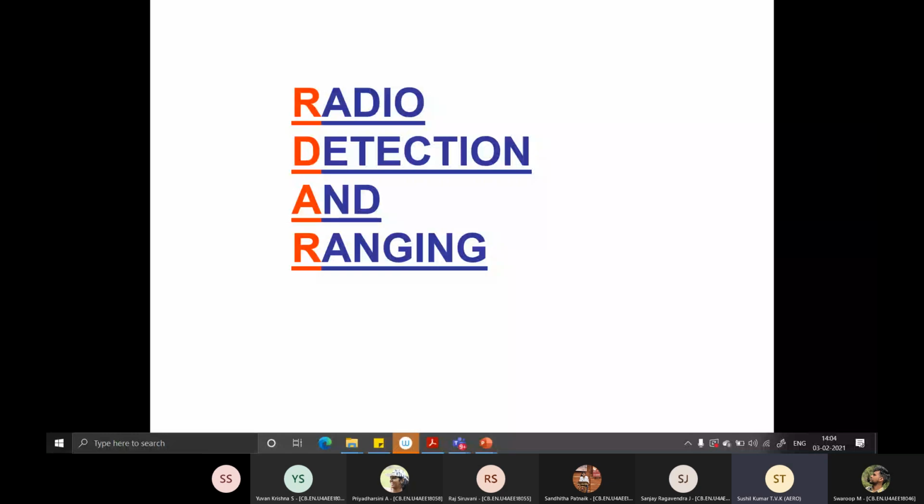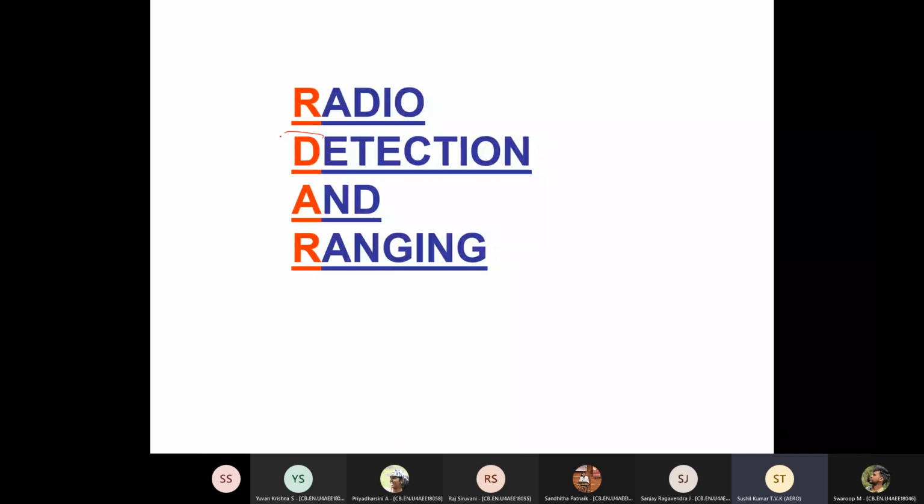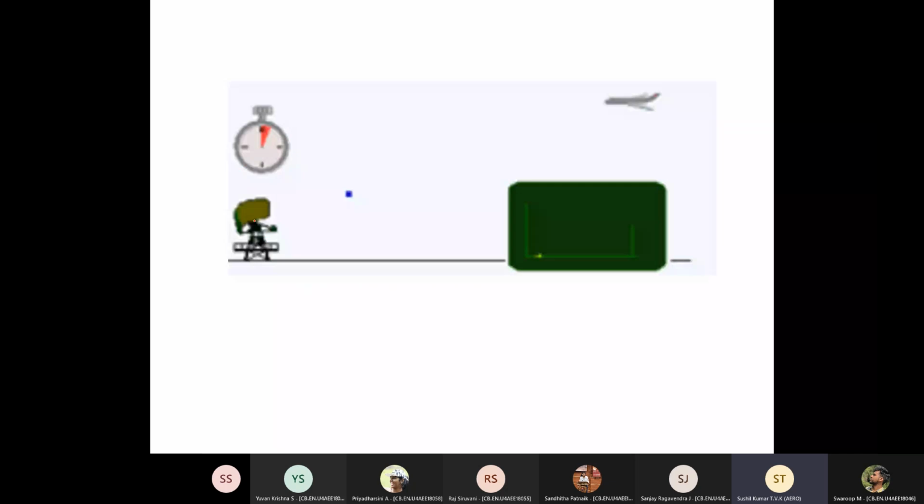So radar is something which we saw in the previous course also. It stands for radio detection and ranging. That's how we got this acronym radar. Like we discussed last time, it's all about sending one pulse.